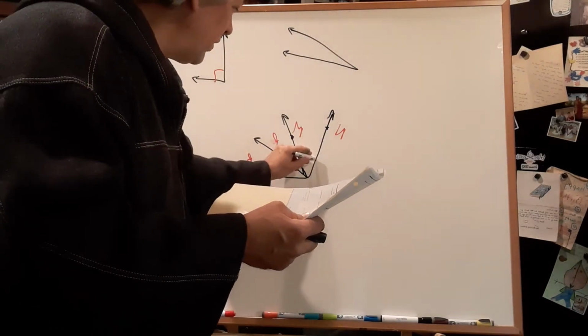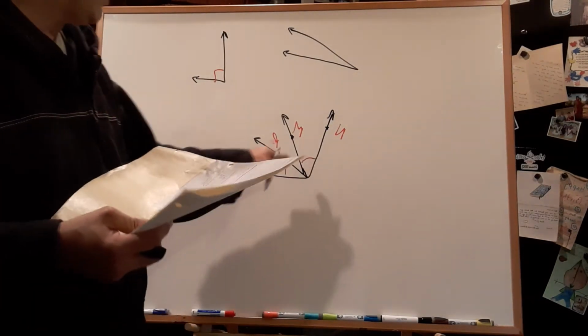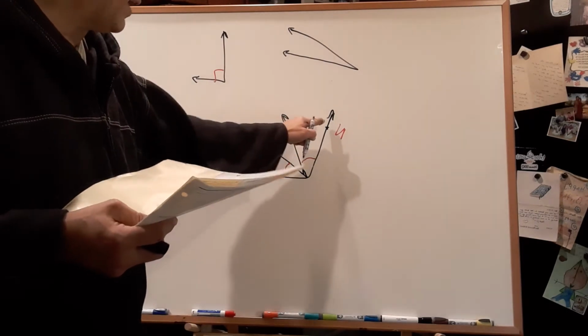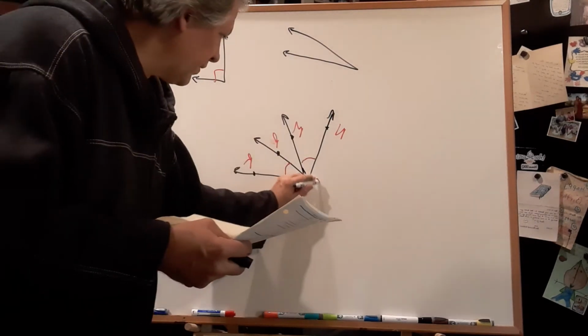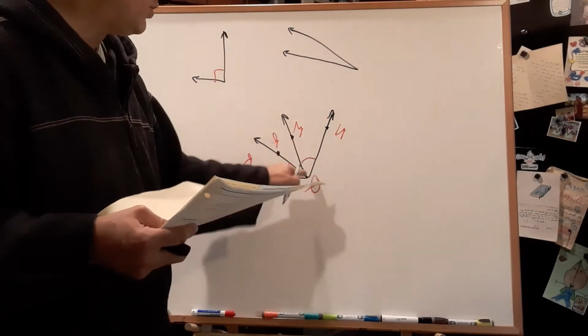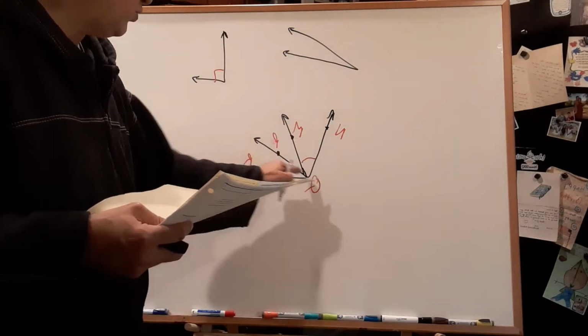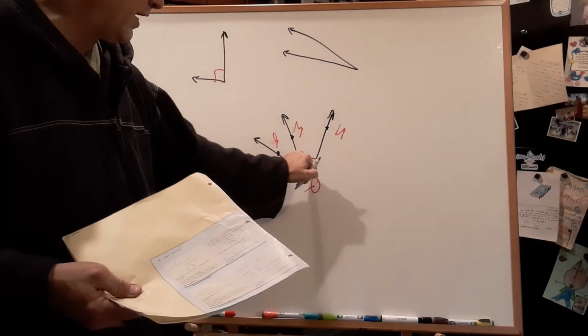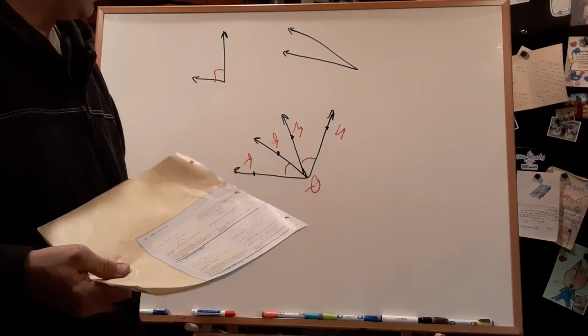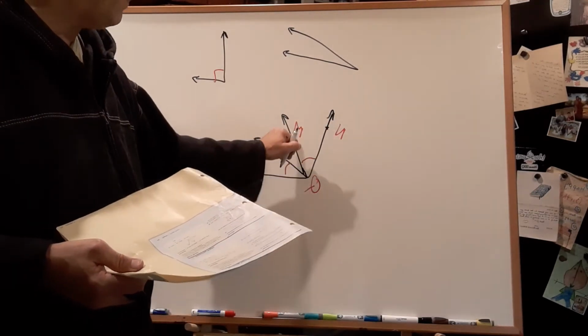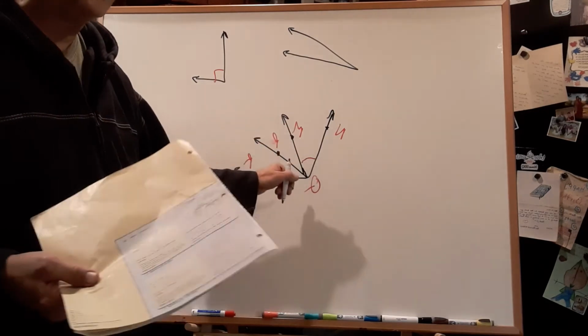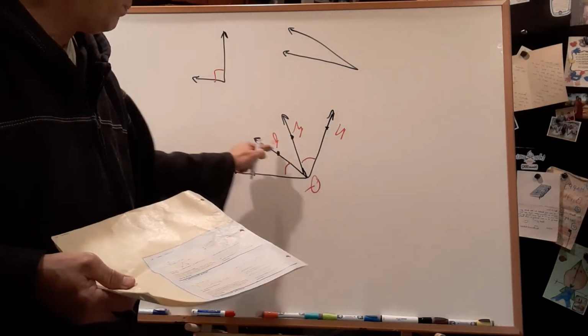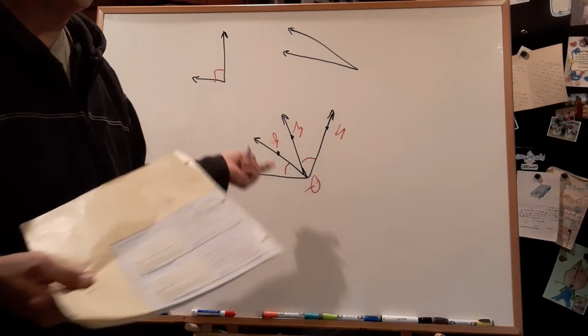All right, so what do we know? We know that this angle, angle NQM and angle PQR, they're congruent, equal, because they're letting us know they're equal. And we know also NQM and angle MQP, they're adjacent, but so is MQP and PQR, they're also adjacent.